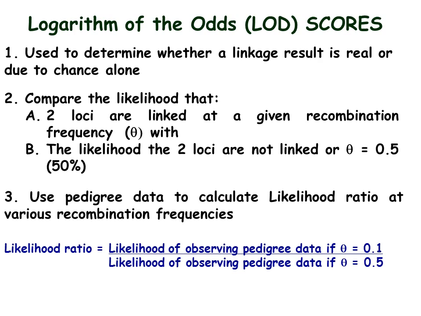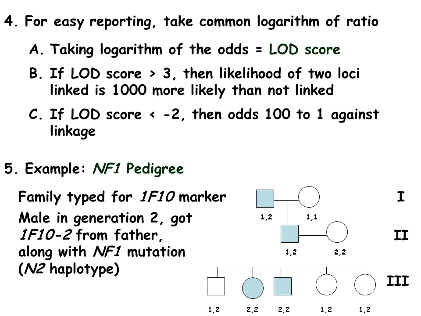So likelihood ratio is the likelihood of observing the pedigree data if theta is equal to 0.1, or if it's 0.5, 50%. So now we're looking at a 10%. That's all the difference is. Now, for easier reporting, we take the common logarithm of the ratio.